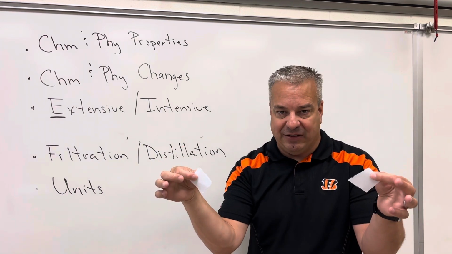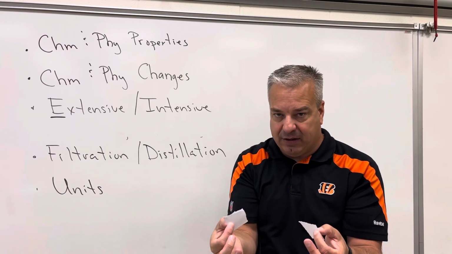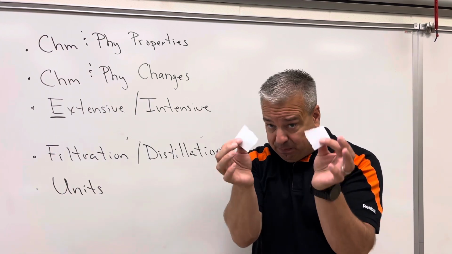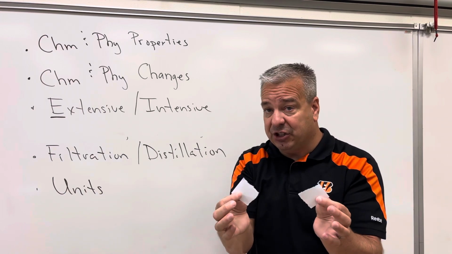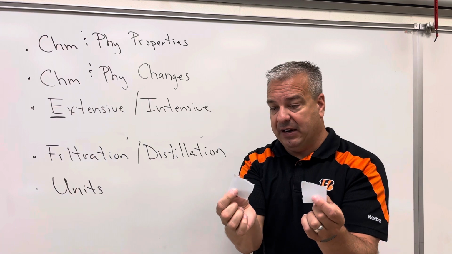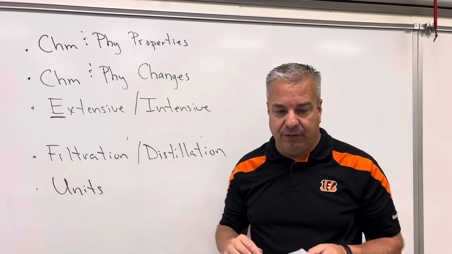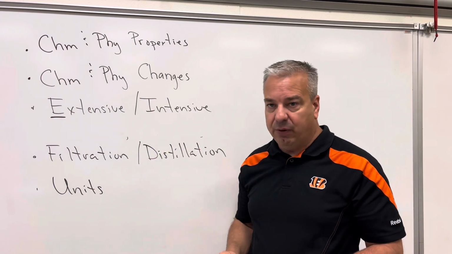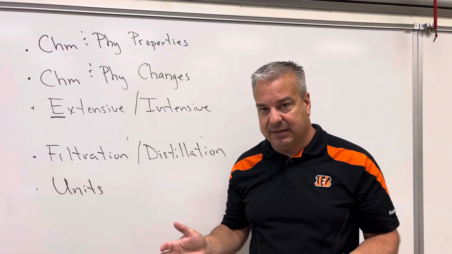And as you can see, it did not go back to its original form. So this is still paper, so it is a physical change. It's just an irreversible physical change. So this idea of reversibility is a terrible rule for talking about chemical or physical changes because it just doesn't hold up.